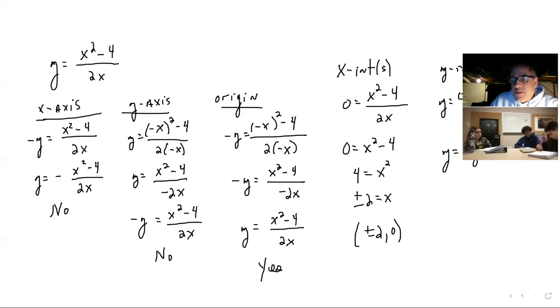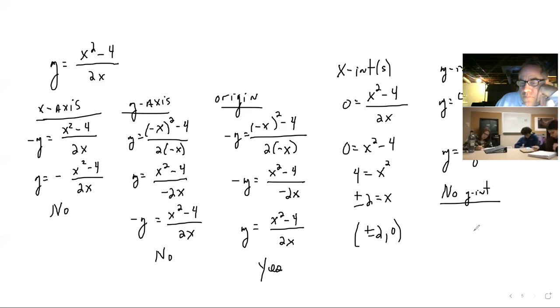So what this tells me is, now it would be -4 if it were -4, say, over 1. But this is not defined as a real number. You cannot divide 0 into -4 and make that division work. And since that's undefined, there are no y-intercepts. So, which is just as important to know, okay, this graph would not cross the y-axis at all at any point.